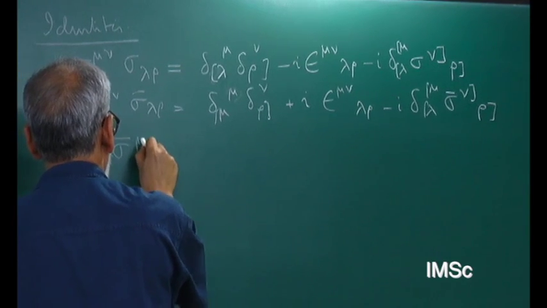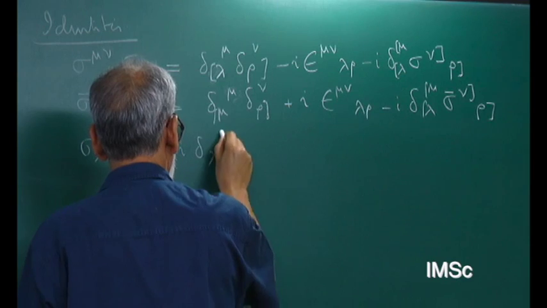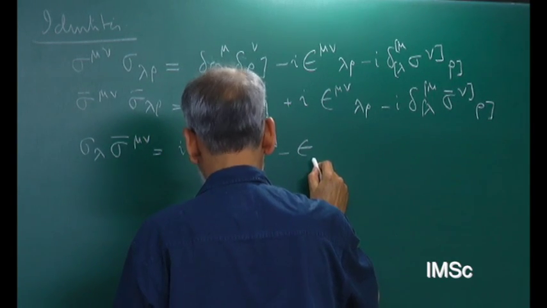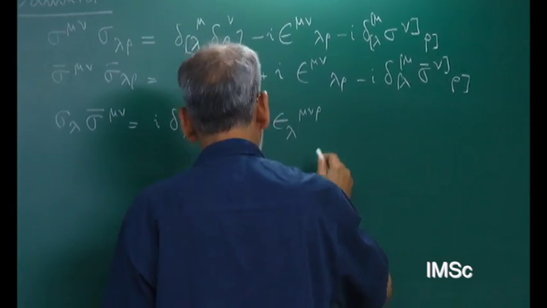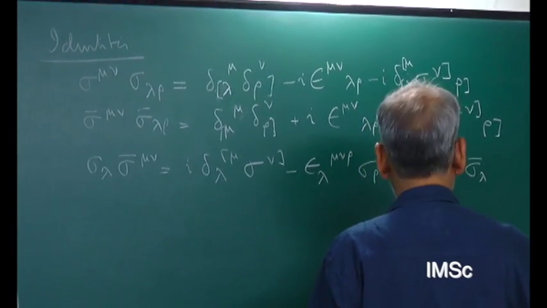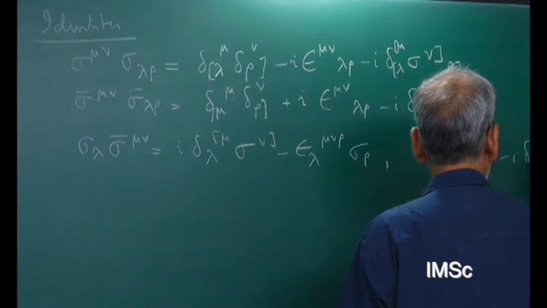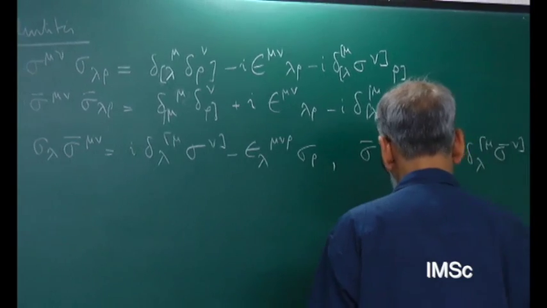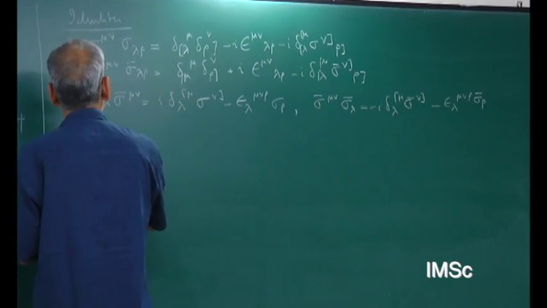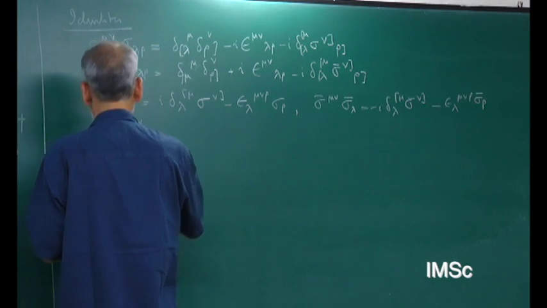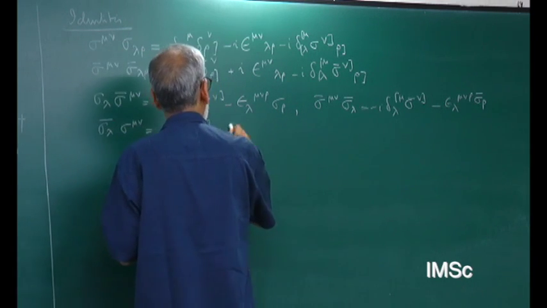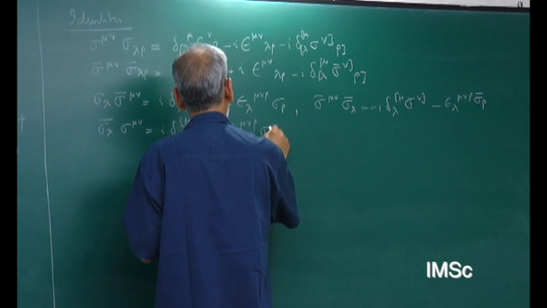And sigma lambda sigma bar mu nu is I times delta lambda mu sigma nu minus epsilon lambda mu nu rho sigma rho, and similarly sigma bar mu nu sigma bar lambda minus I delta lambda mu sigma bar, and sigma bar lambda sigma mu is I delta lambda mu sigma bar mu plus epsilon lambda mu nu rho sigma bar rho.